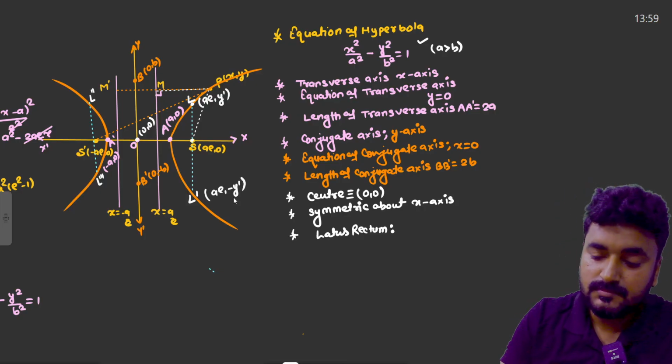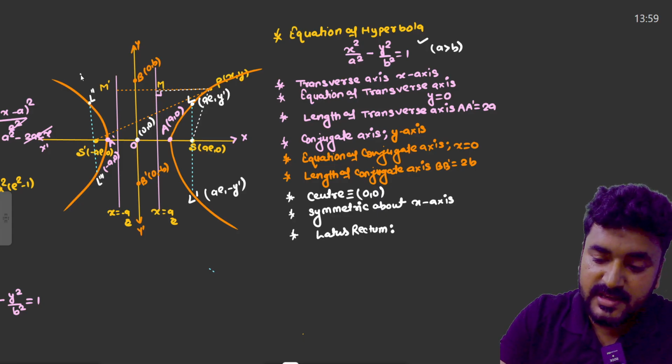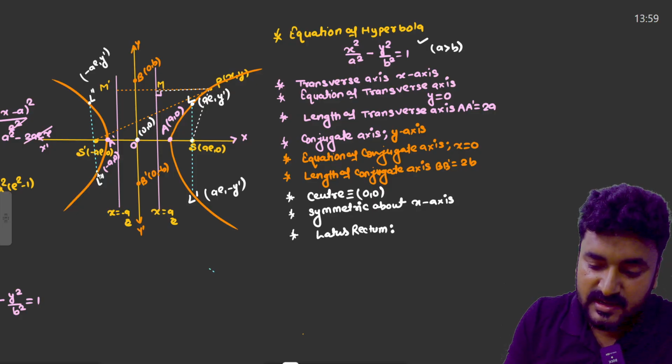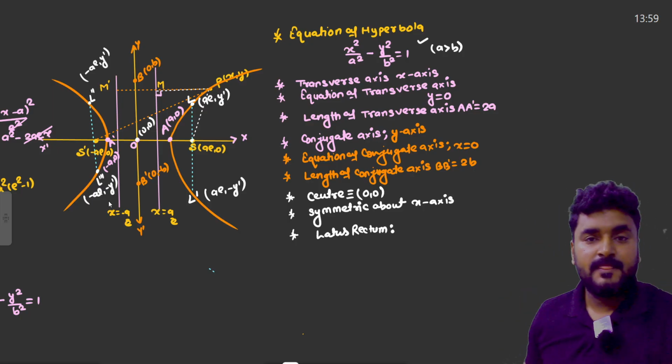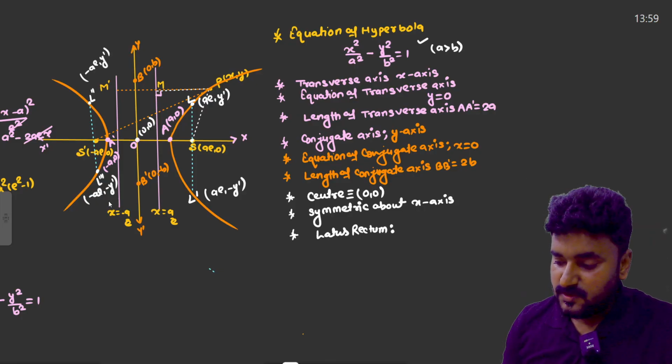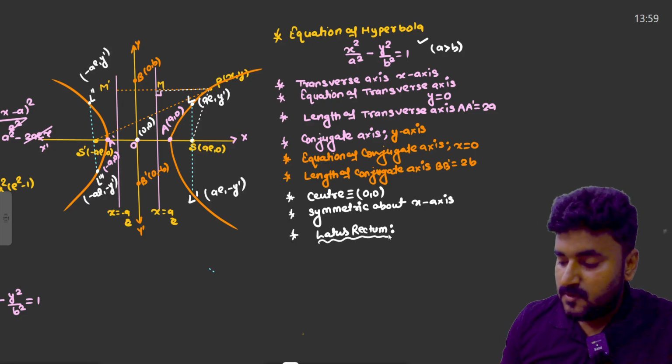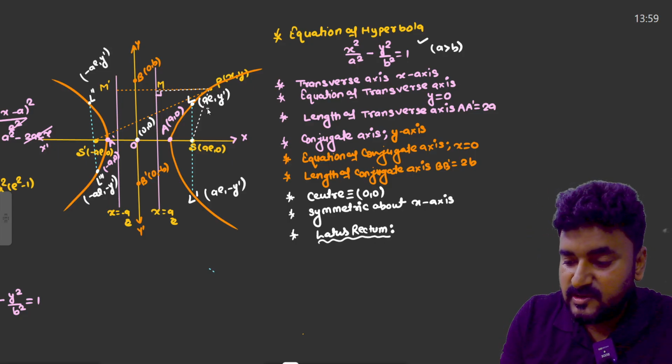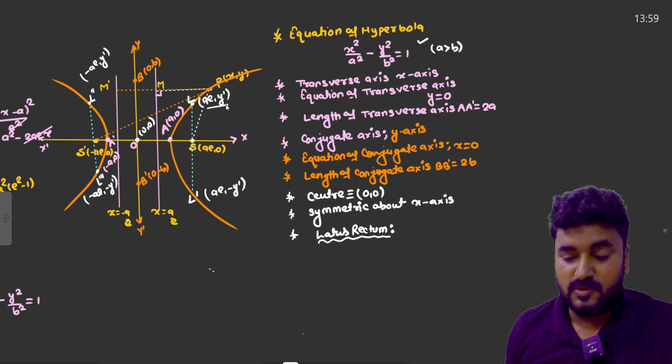And L double dash I can take as minus ae comma y dash, and L triple dash as minus ae comma minus y dash. Okay. So therefore for the latus rectum we can put this L coordinate in the equation of the hyperbola. Why?